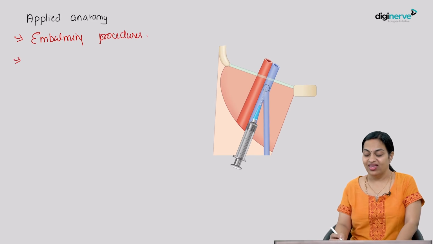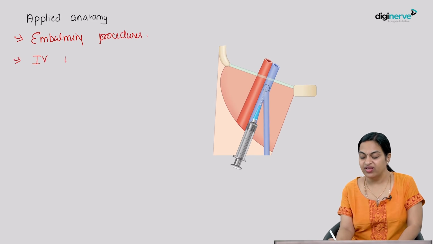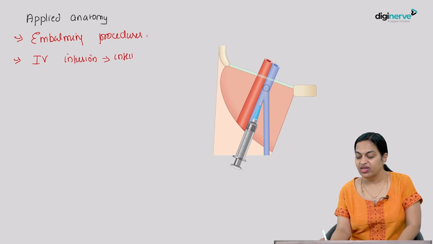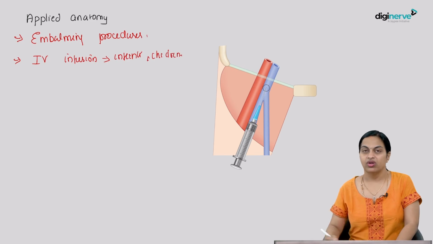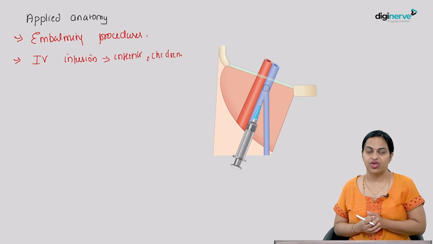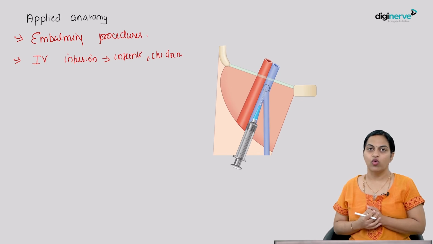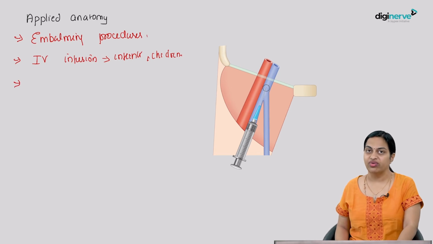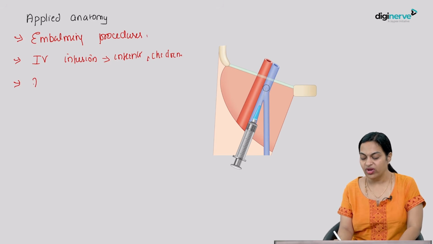And then for intravenous infusion, especially in infants and children, when you want to infuse a large amount of fluids and the peripheral veins are collapsed, we can choose the femoral vein. And in certain procedures, when you want to reach the right heart, we can put the catheter or the cannula through the femoral vein.